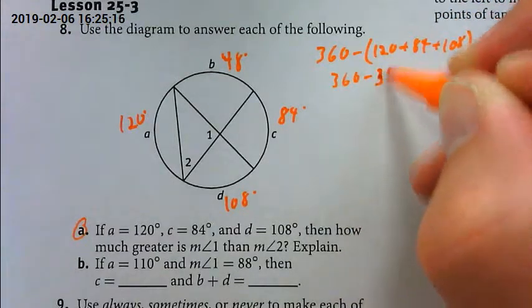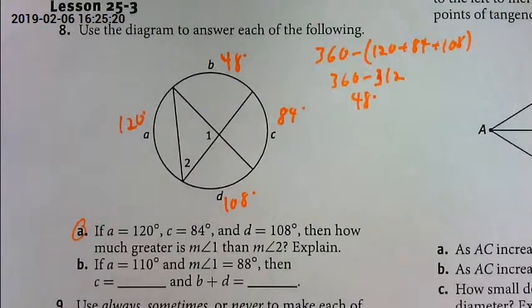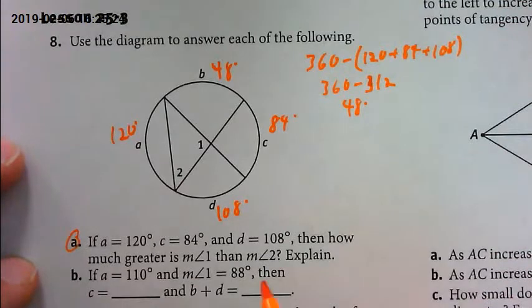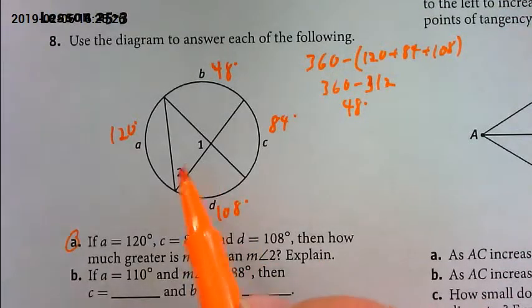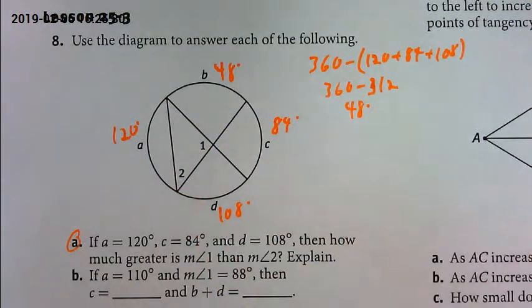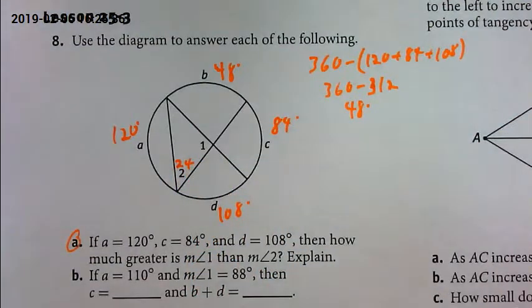I'm not double checking your work. I don't have a calculator here, so I'm hoping you tell me the correct things. Now, if that's 48, well, we can find angle 2 now, because if that's 48, angle 2 is what compared to that at the top? Half. So angle 2 would be 24.